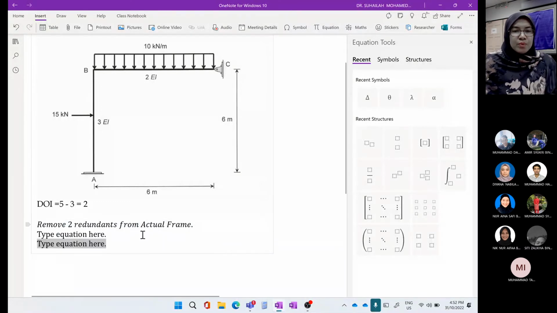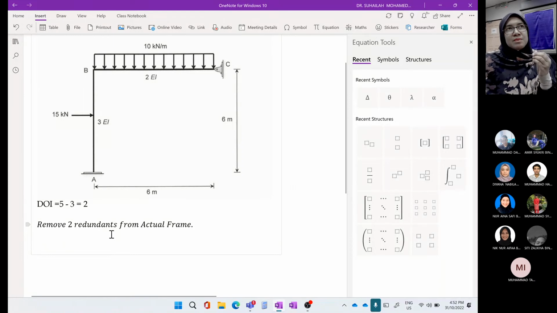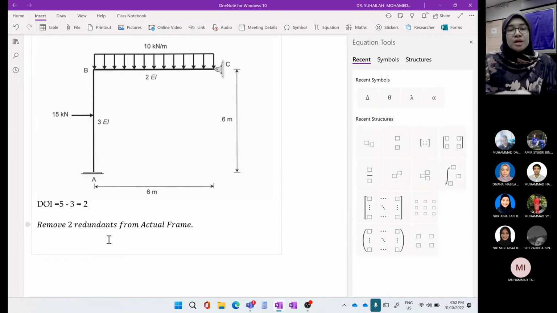Always remember, when we remove, we have to remain in a stable and determinate condition. Stability is based on the support. In this frame, to get stability and equilibrium, we must remain with at least 1 pin and 1 roller, or we can also remove 1 pin because 1 fixed support is also a stable structure.